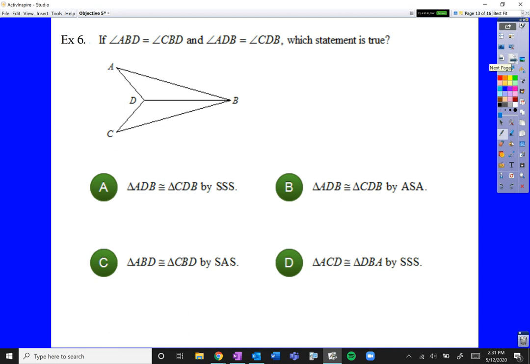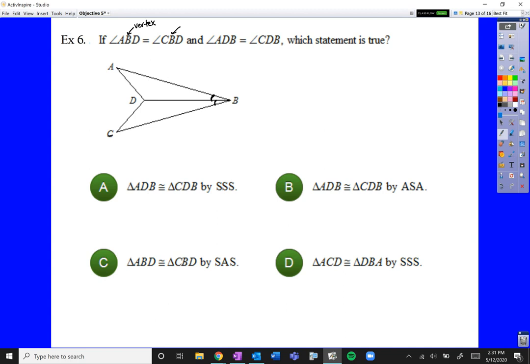If angle ABD, remember this in the middle is always your vertex. So angle ABD is right here at B, and angle CBD, C to BD, so it's this angle as well.